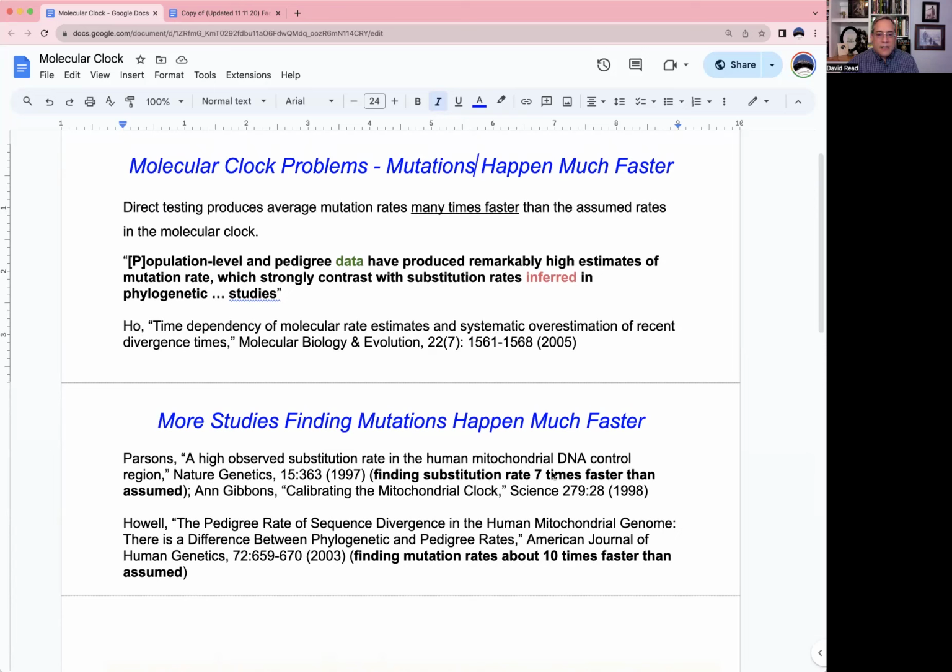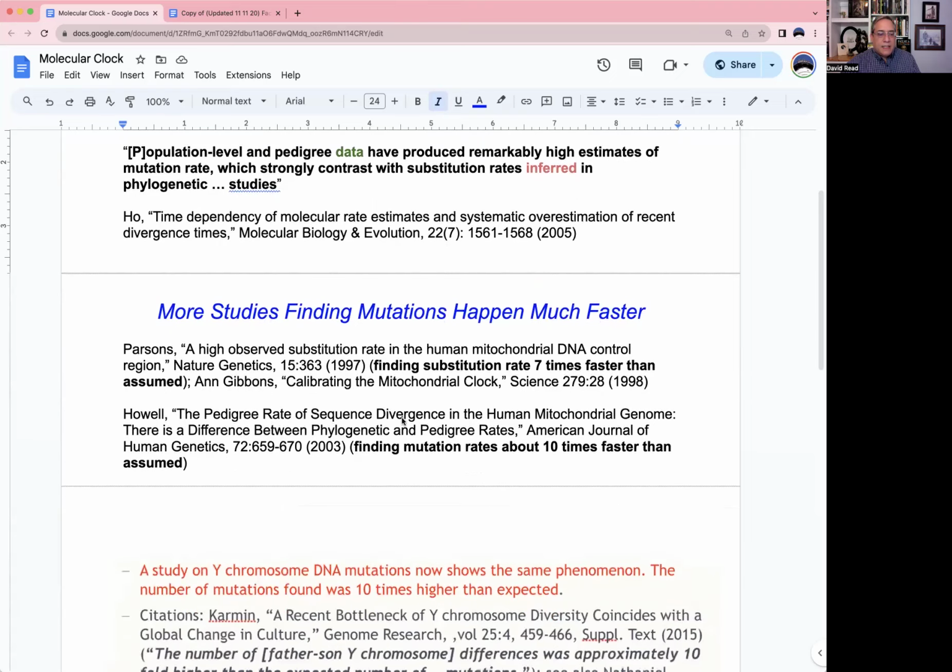So 16,000 years then becomes 2,000 some years, or 16,000 years would become 1,600 years using that kind of mechanism with corrected mutation rates. Now, these were in the mitochondrial DNA side.